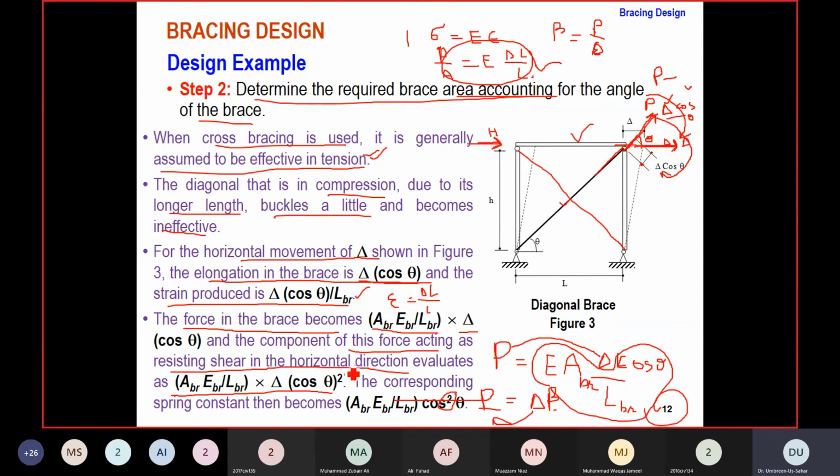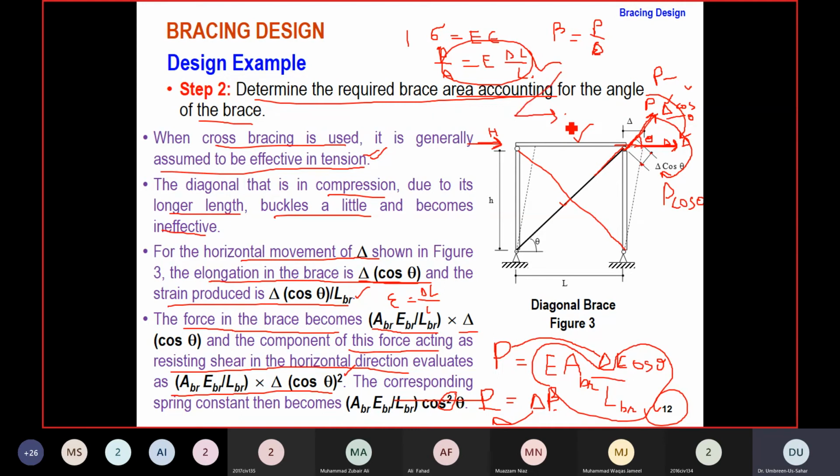Your load is going to be transformed into its components, and its component will be P cos theta. So here you are calculating the component of the force, shifting it again to the lateral direction. There are two axis systems we have discussed: one in the direction of delta, and one in the direction of the brace.